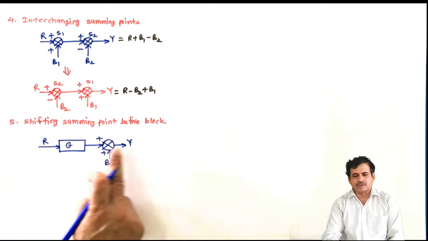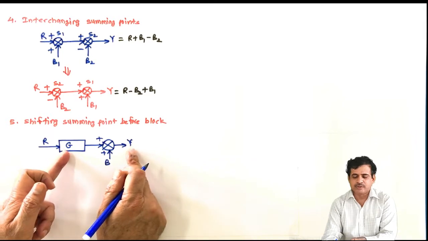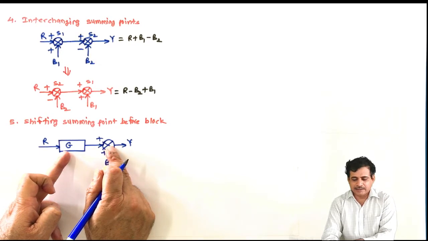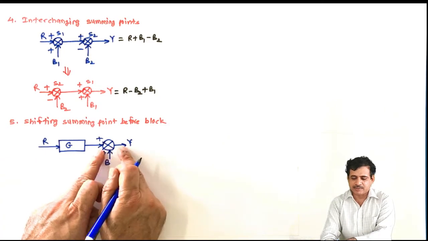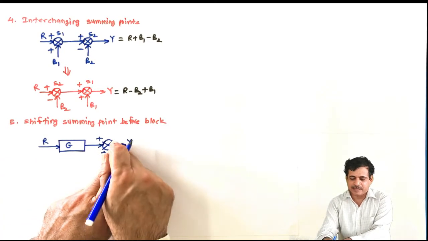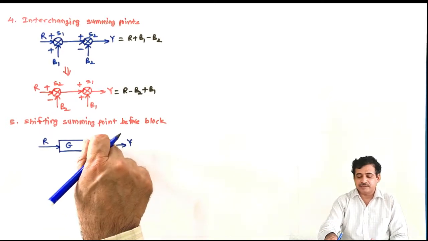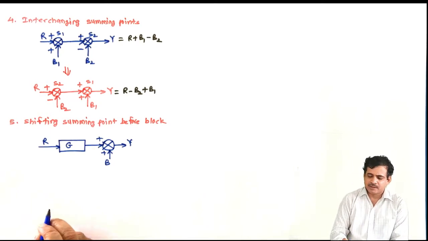Suppose after this block there is another block, and we want to bring these two in series, and this summing point is becoming the hurdle. So what do we have to do? Either shift this summing point before this block, or shift it after this block. Both are possible, but the guideline says to shift the summing point towards the left as far as possible.